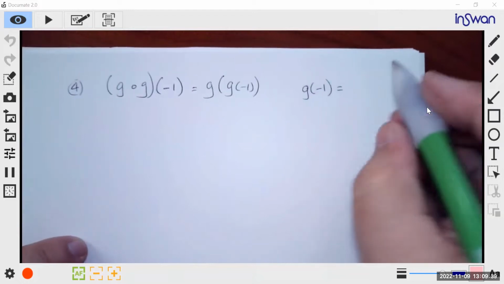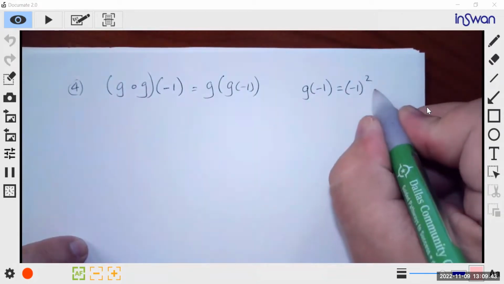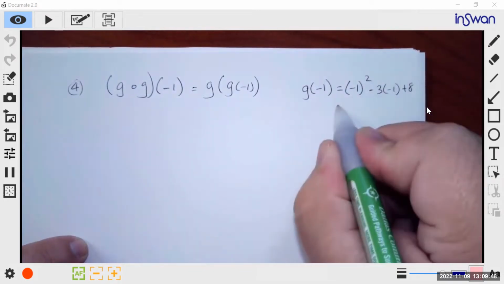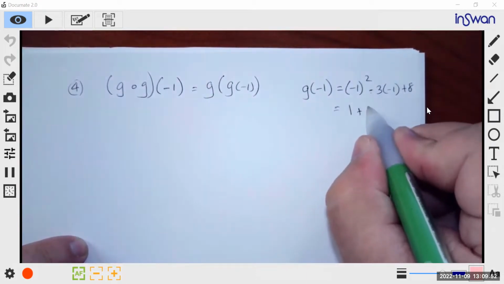So g of negative 1 is negative 1 squared minus 3 times negative 1 plus 8. Negative 1 squared is 1, negative times negative is a positive, 3 times 1 is 3.